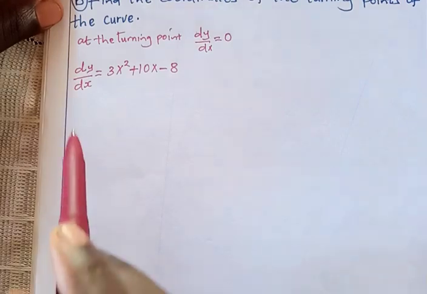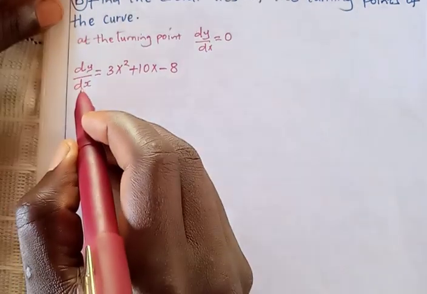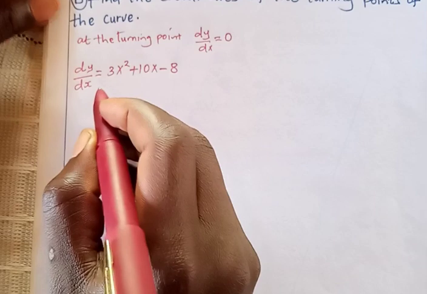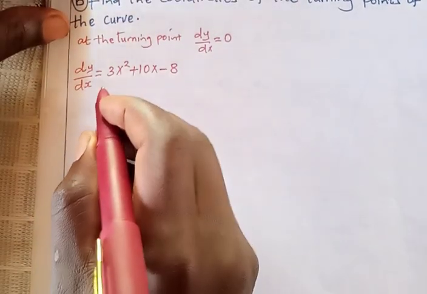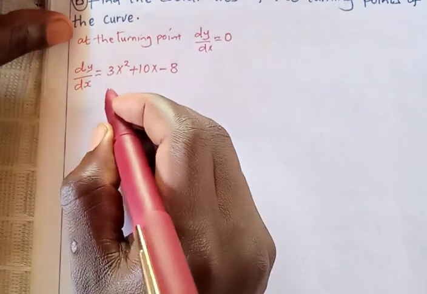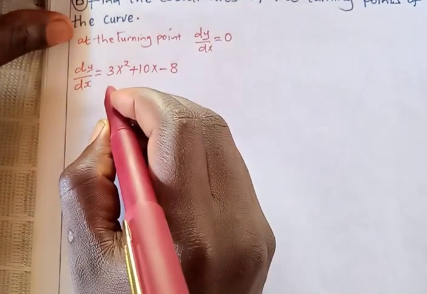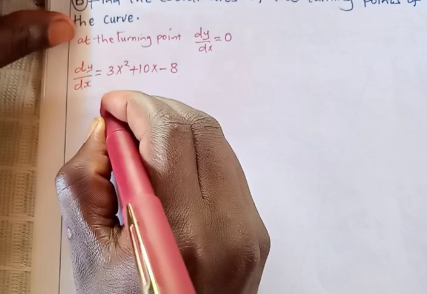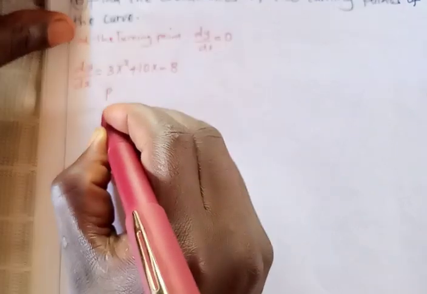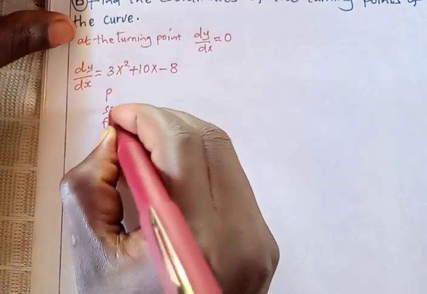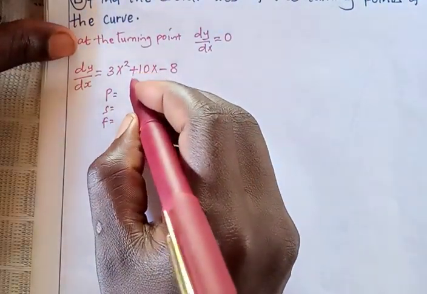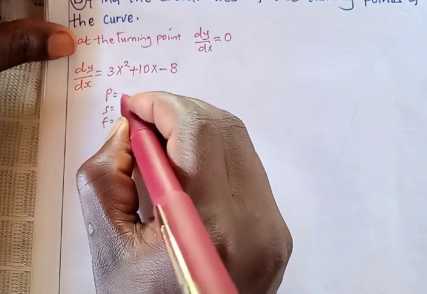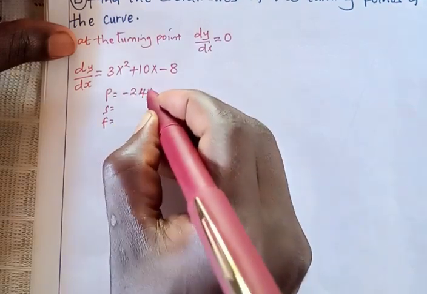Let us proceed. Now that we have our dy over dx as 3x squared plus 10x minus 8, this is a quadratic equation, and this time we are going to use the product-sum factor method to get the two values for x. The product is negative 24x squared.